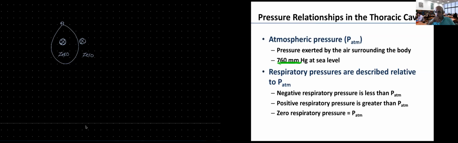No. How about if I have air coming in by a pressure of 10 millimeter mercury inside, but I'm compressing this balloon from outside by another pressure, which is also 10 millimeter mercury? Would I have any inflation of this balloon?